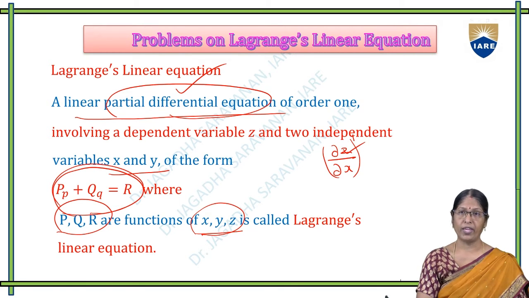Among the three variables x, y, z, x and y play the role of independent variables, and z plays the role of dependent variable.